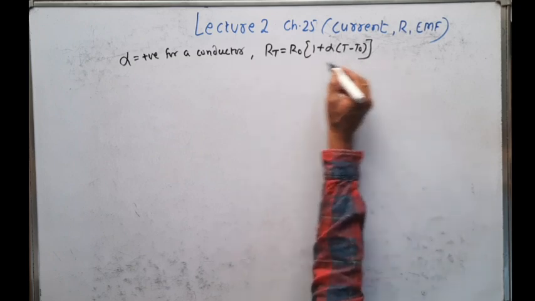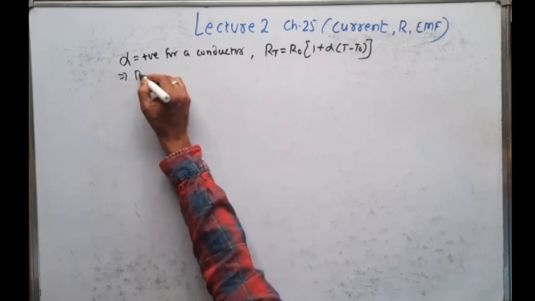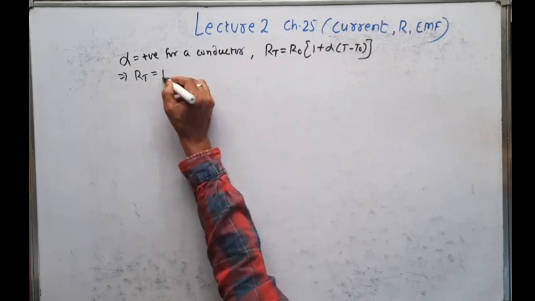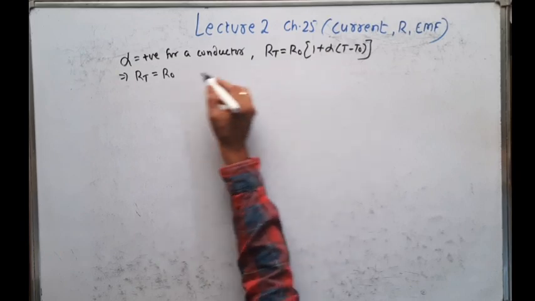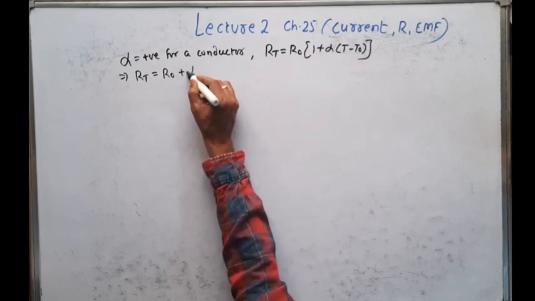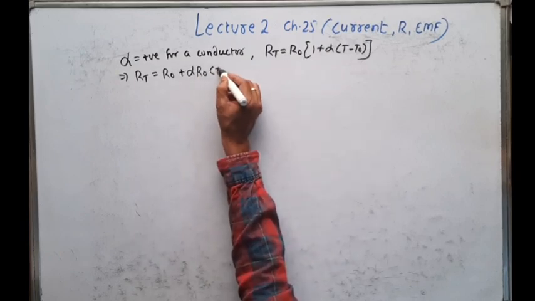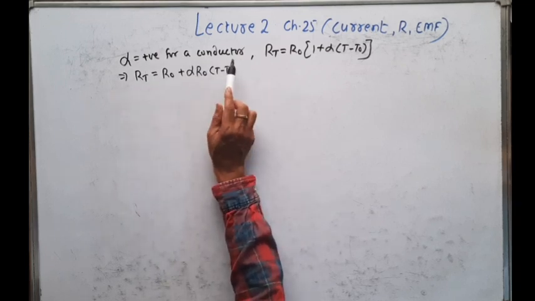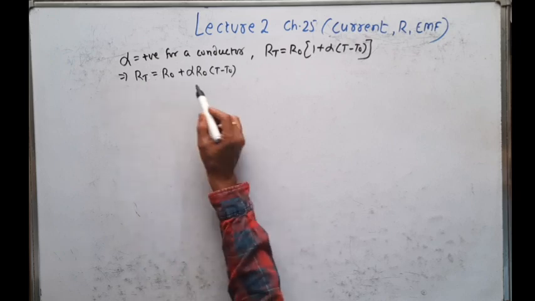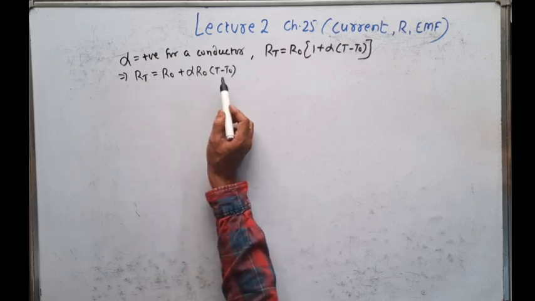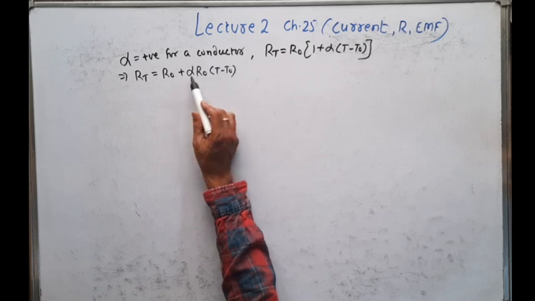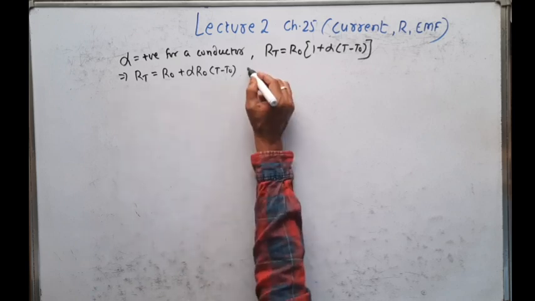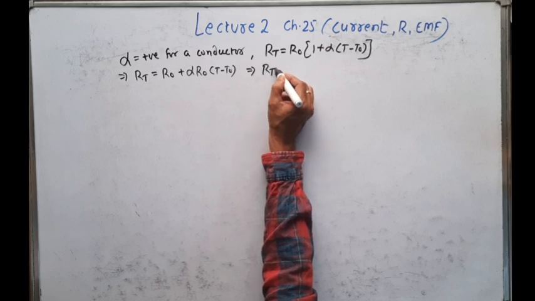So RT is equal to R naught plus alpha into R naught into T minus T naught. Everything is positive, so we can say RT is greater than R naught.